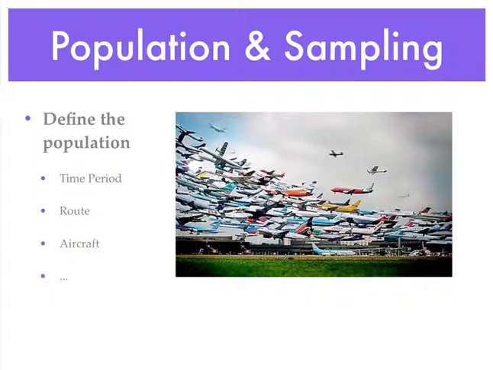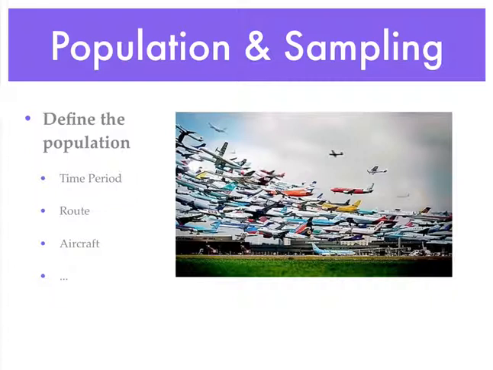It probably would not be all aircraft in any airport in the world at any time period. You need to more narrowly define the population. So, there are seasonal averages. There are different routes that probably are more profitable than others in terms of the fill to capacity.